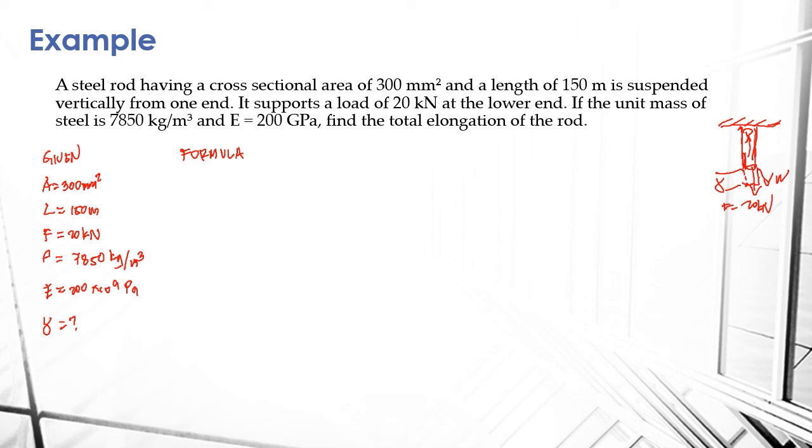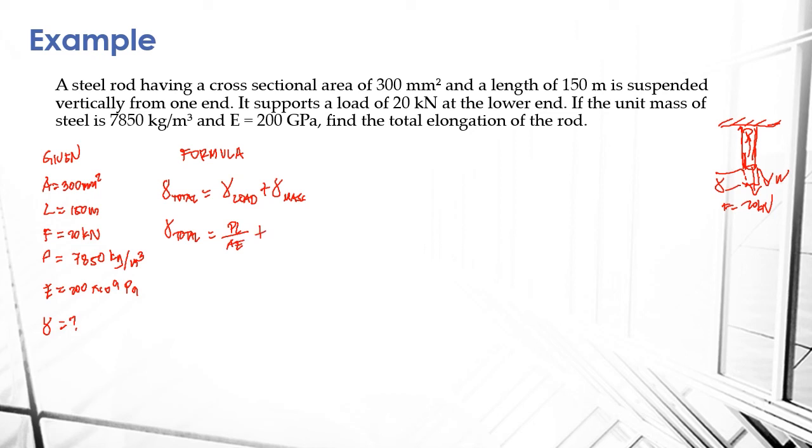So, atong formula nga gamiton, ang total elongation is equal to elongation niya nga naa siya load plus elongation nga naa ay mass, diba, sa iyang own weight. So total elongation is equal to sa man yung formula sa elongation sa load, diba, PL over AE plus kanang elongation sa mass.